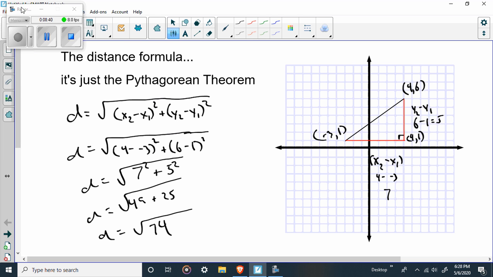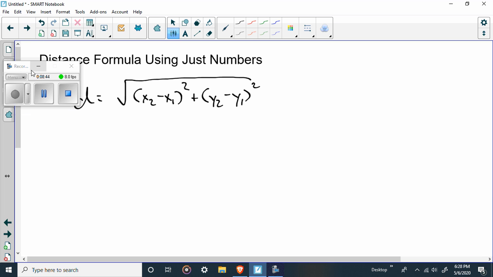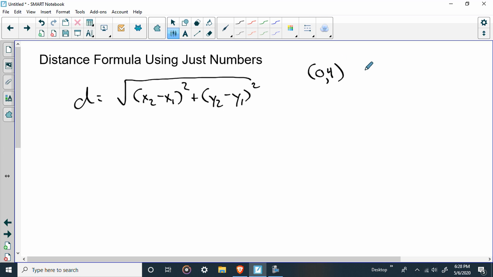All right, let's take a look at a couple examples. So I'm going to move on, using just the distance formula, so just the numbers. Say I give you the points 0, 4 and -7, -5. Well, again, what are you going to say?